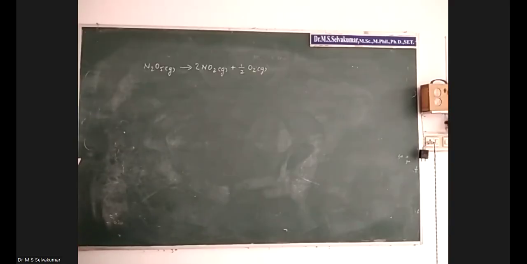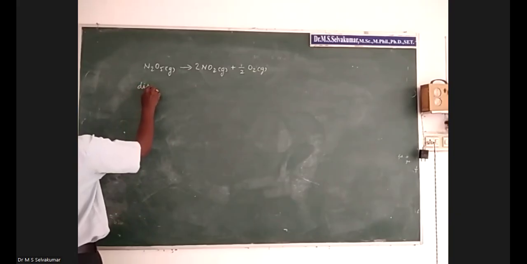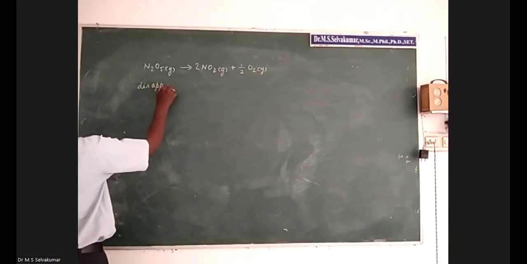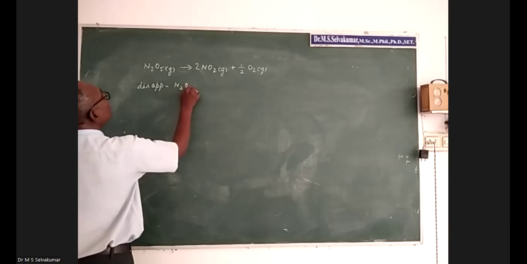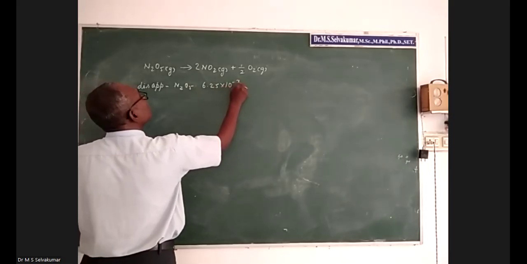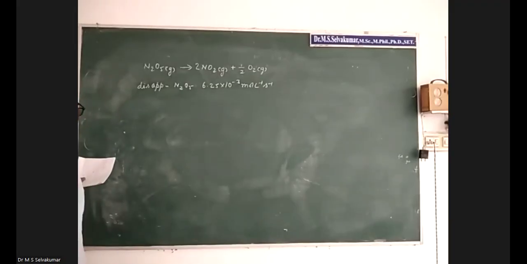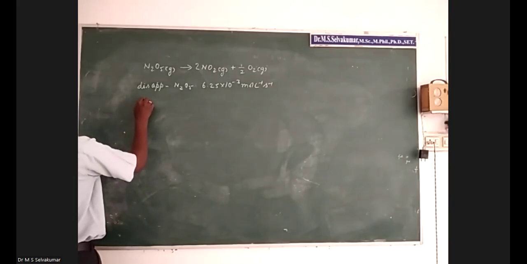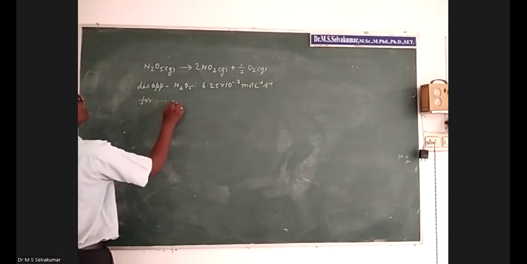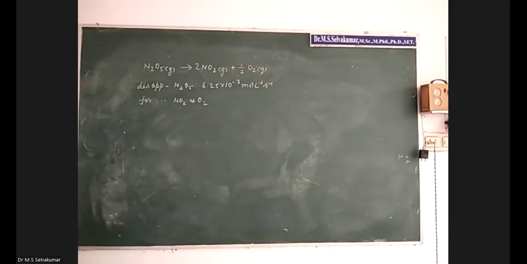The rate of disappearance of N2O5 is 6.25 into 10 power minus 3 mole per liter per second. What is asked is the rate of formation of NO2 and oxygen.